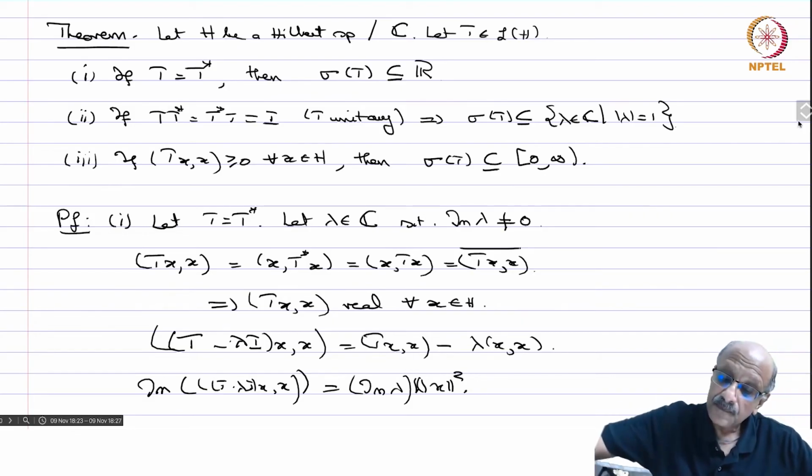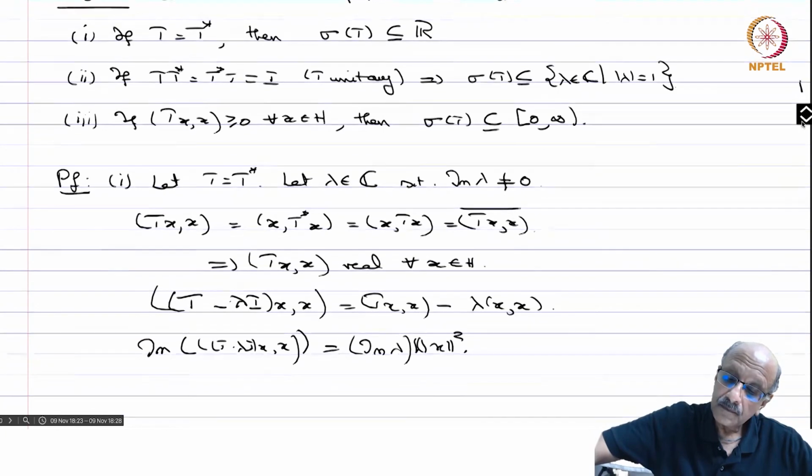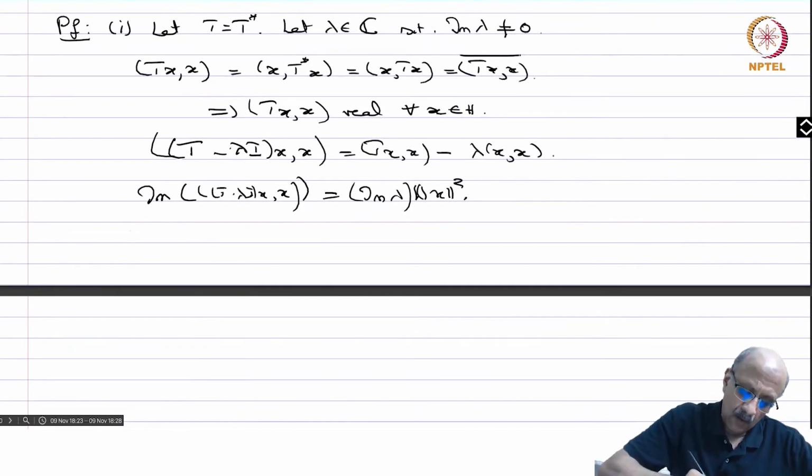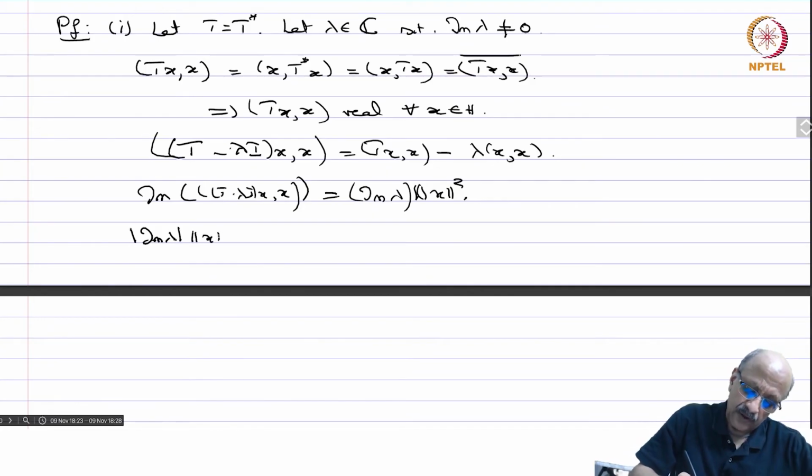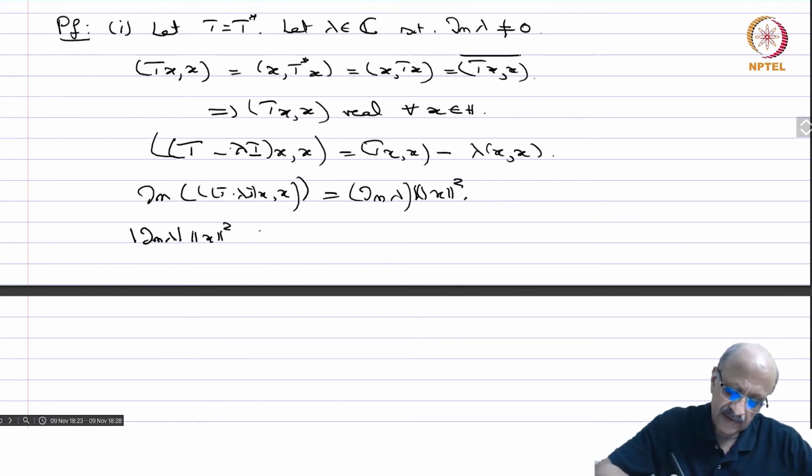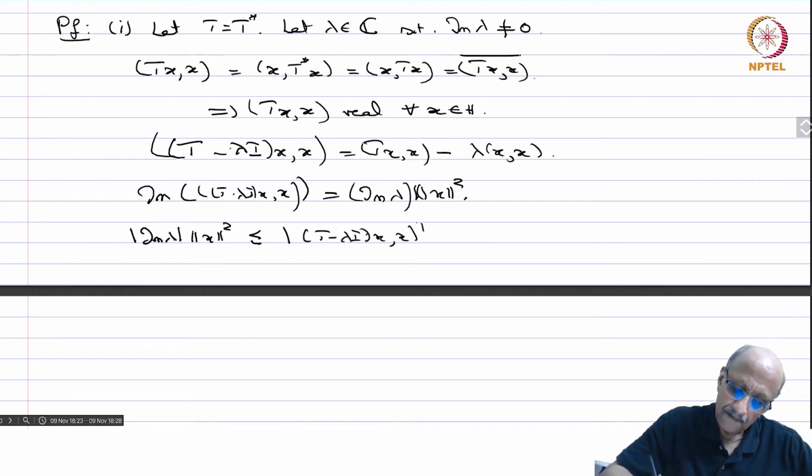Therefore, mod imaginary part of lambda times norm x squared is less than or equal to, it's equal to the modulus of this, so that is less than or equal to mod of ⟨(T − λI)x, x⟩, that is less than or equal to norm of (T − λI)x times norm x.